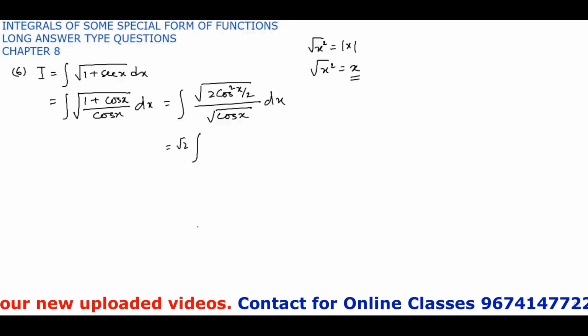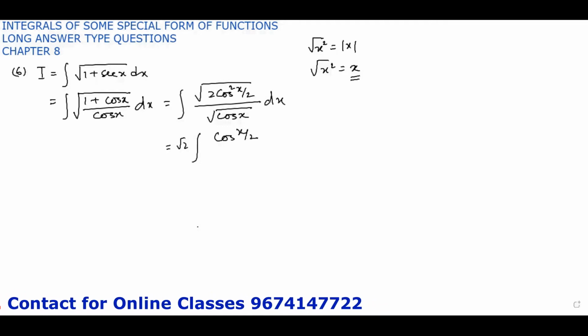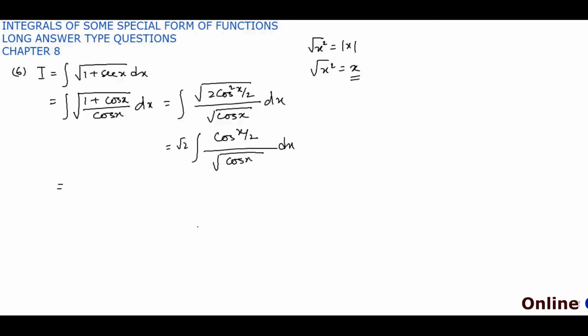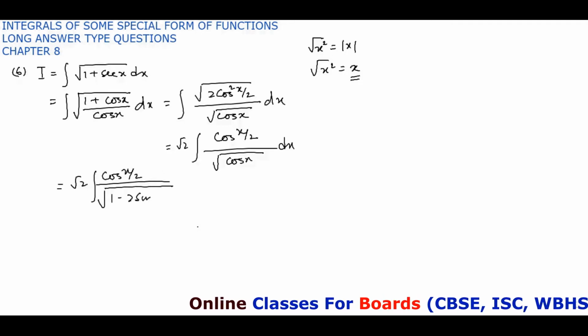So, under root cos square x by 2 will be written as cos x by 2 only. Is it okay? Now, I am writing cos x of the denominator like 1 minus 2 sin square x by 2.